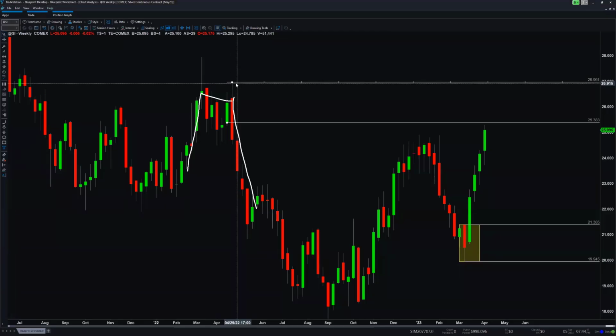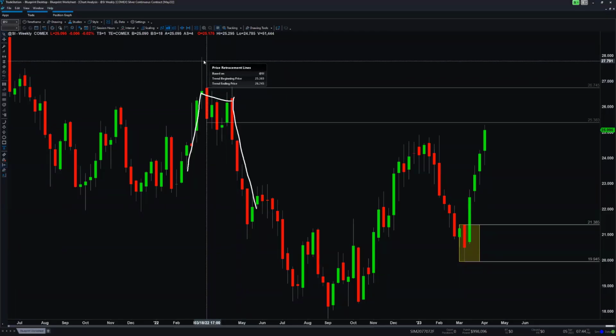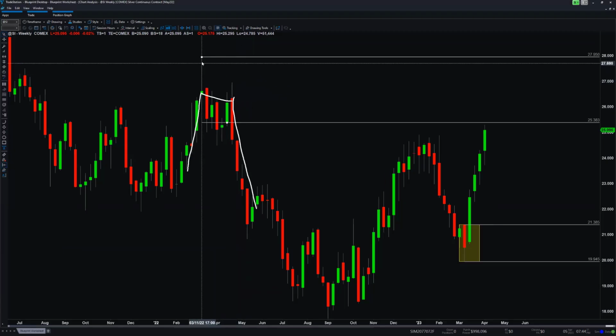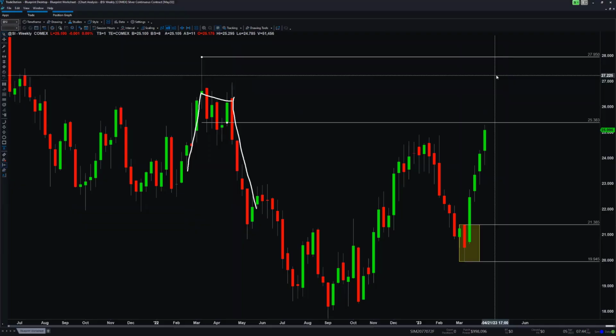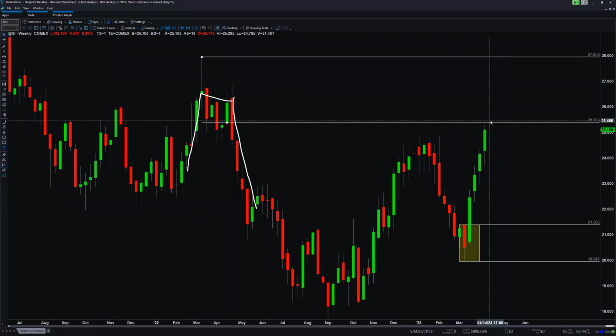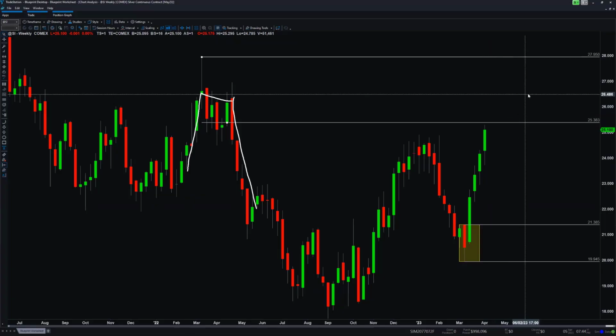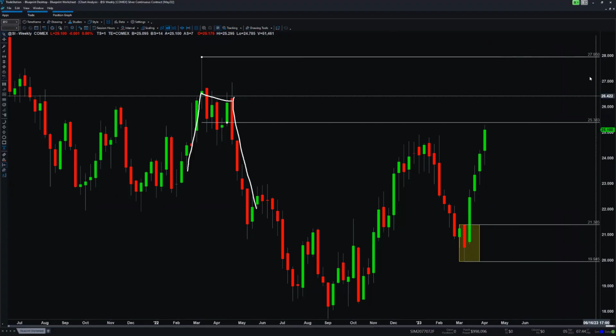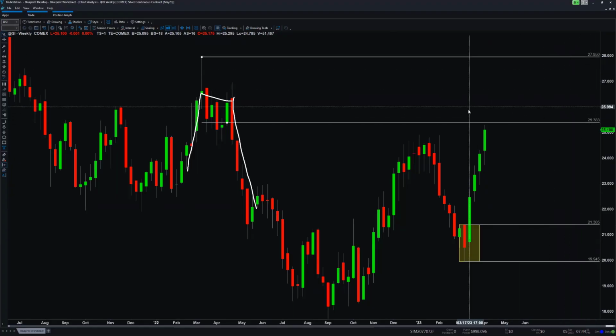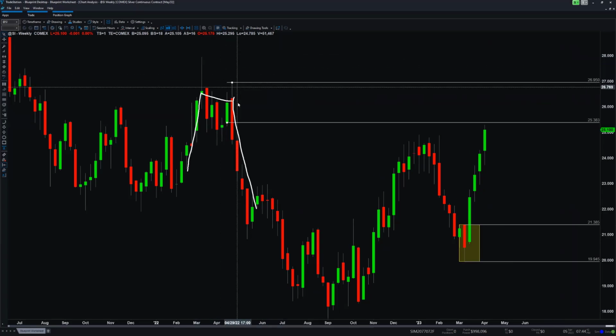And so if we had that, then I would probably have to say, well, I have to put my distal up here. Well, if I put my distal up here, then this is a pretty large area. Yes, we want to find large areas to get an understanding of where price is most likely to turn. But here, this is just way too large, right? It's from 25 all the way to 28. So it's a $3 zone. So we do have to refine this potentially a little bit.